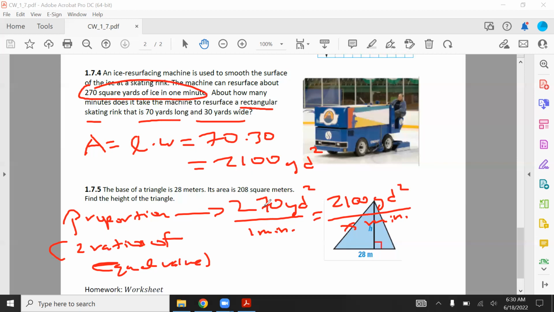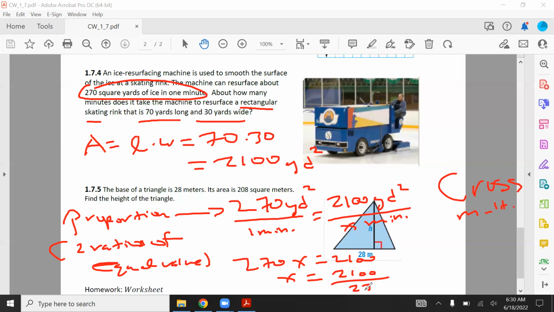So if it's 1 minute to do 270, how many minutes would it take to do 2100? What you could do is cross multiply to solve this. So I do 270 times X equals 2100, where X is 2100 over 270.